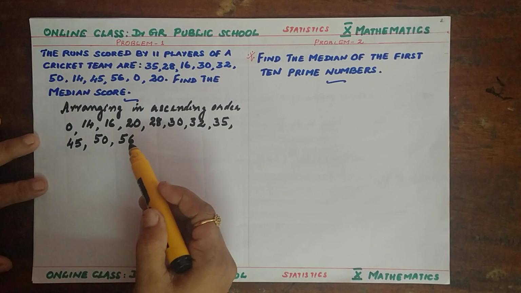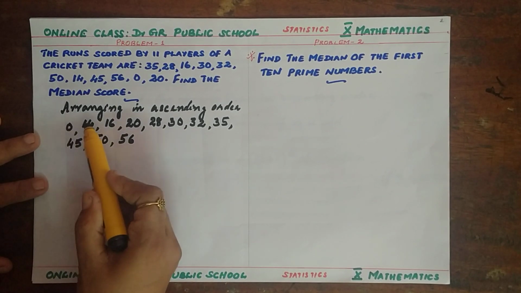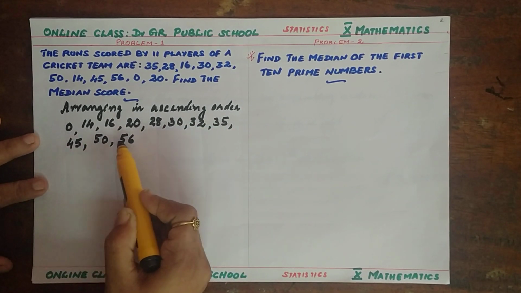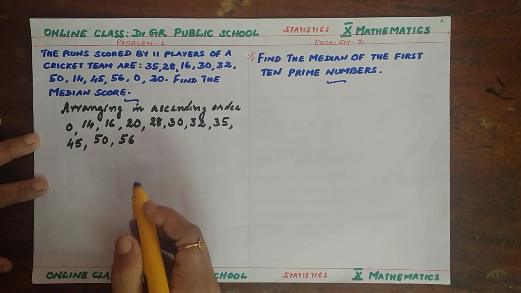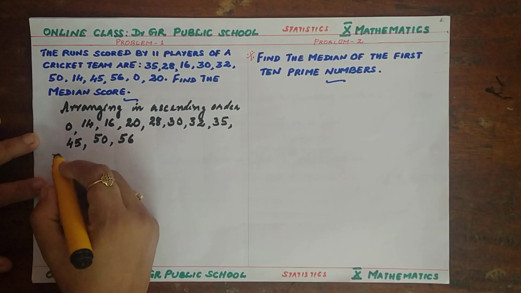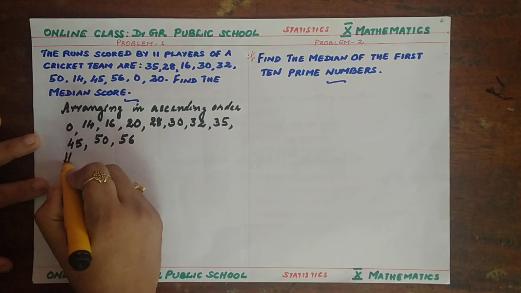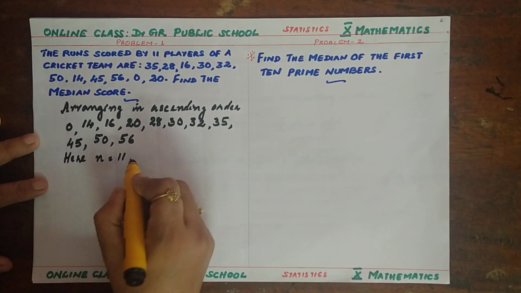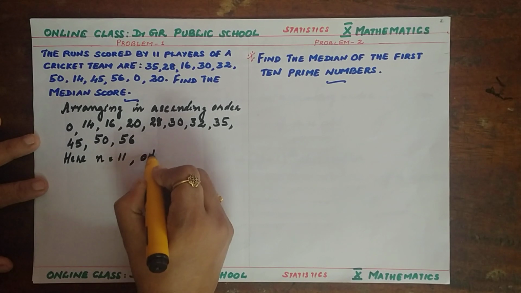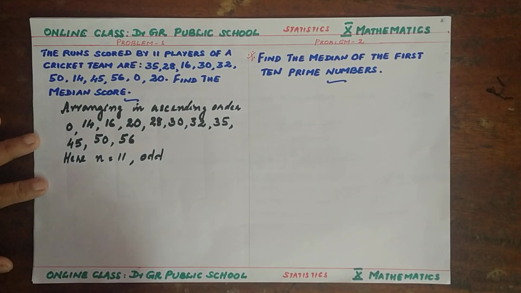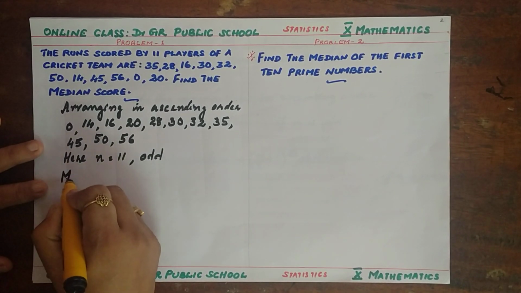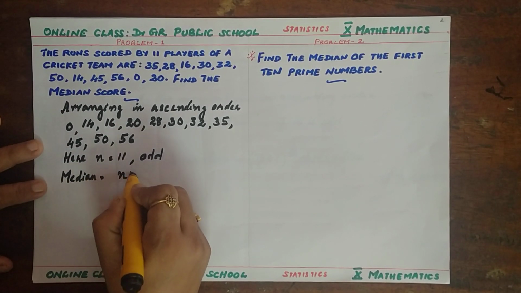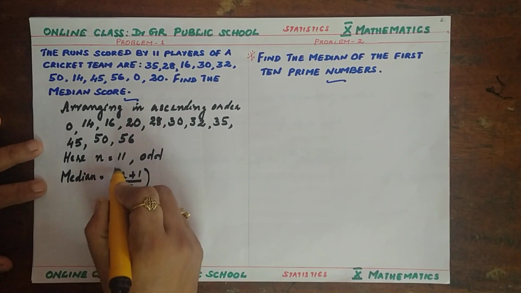Check whether 11 observations are here or not after writing 1, 2, 3, 4, 5, 6, 7, 8, 9, 10, 11. Correct. 11 observations are here. Now, here n equals 11, the number of observations, which is an odd number. If n is an odd number, what is the formula? Median equals (n plus 1) by 2th observation.